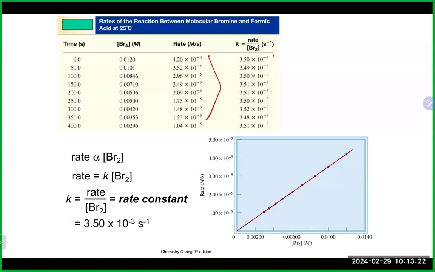And that is what we see here on this last column. When we look at this, which is written like this, and we're going to talk about it a little bit later on in this chapter, this is what is sometimes referred to as a rate law.